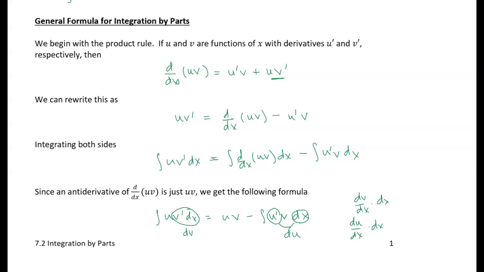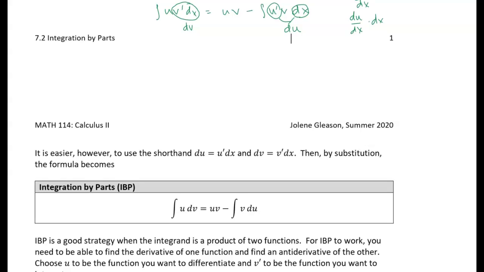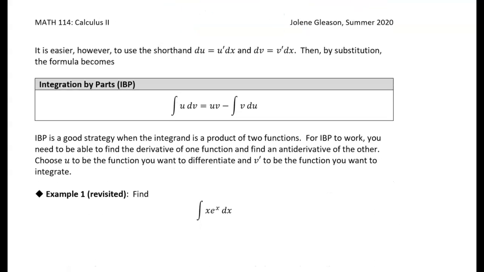Let me scroll down here a bit and show you the formula for integration by parts. Okay, so there it is. Voila. Now it'll make a lot more sense when we use it.